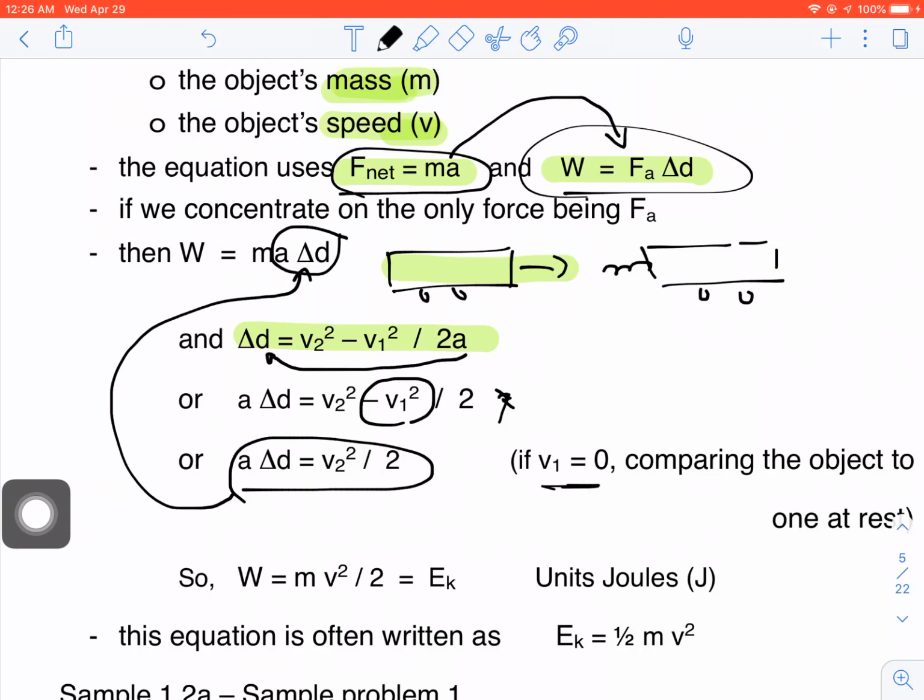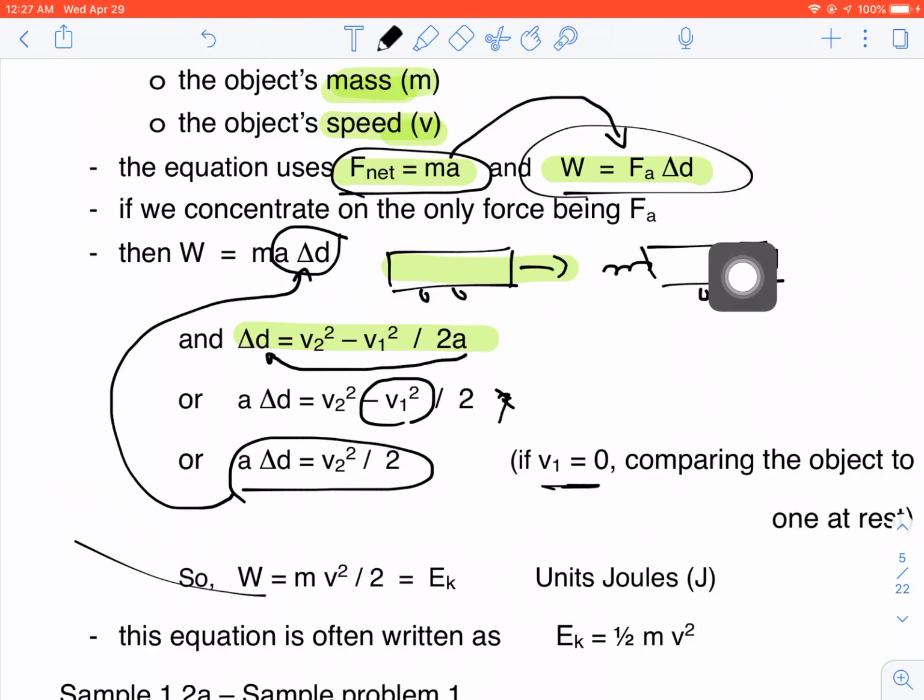Okay, work equals mass times V squared over 2 here. That work that was done to the object that was parked is now the kinetic energy that it has. Assuming that it had an initial velocity of 0, its new kinetic energy, its energy of motion that it is carrying with it.